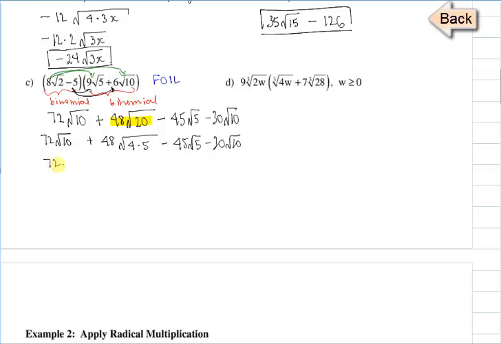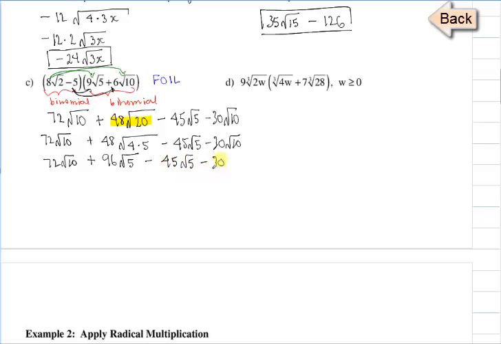So we will continue simplifying the 48 root 20. We take the square root of 4, that gives us 2, and we multiply the 48 by 2, which gives us 96. We are left with root 5.